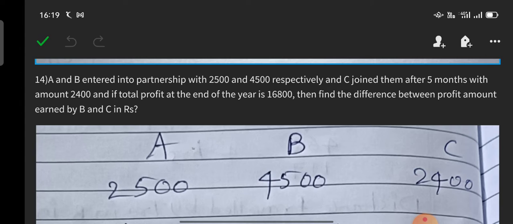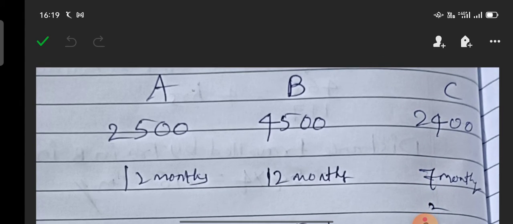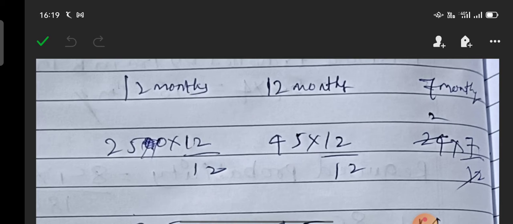Question number 14. A and B entered into partnership with 2500 and 4500 respectively, and C joined them after 5 months with amount 2400, and if total profit at the end of the year is 16,800, then find the difference between profit amount earned by B and C. So A stayed completely 1 year and B stayed completely 1 year and C stayed only 7 months because he joined after 5 months.